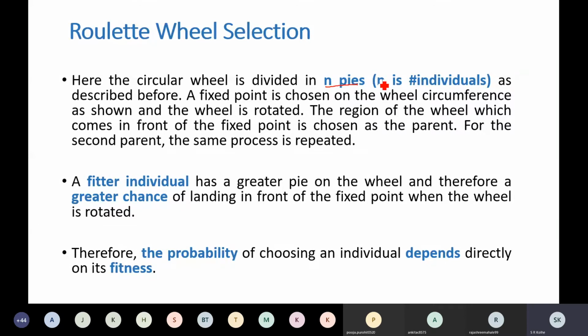And then we have a fixed point, and these n individuals are placed on this roulette wheel depending upon their fitness. A, B, C, D, E and F.